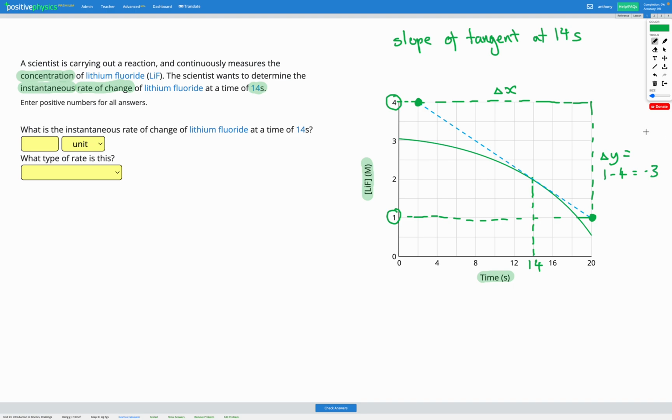For my change in x, I'm starting off at 2 seconds and I'm ending up at 20 seconds. So for my change in x, it's going to be 20 minus 2, which is 18 seconds. My change in y was measured in molar.